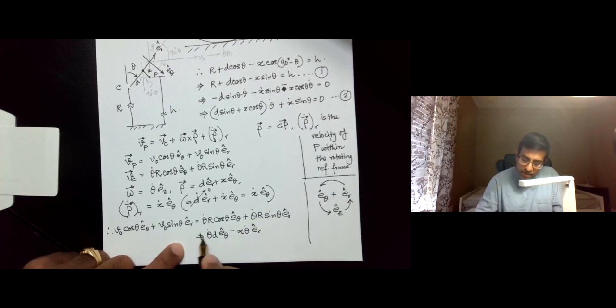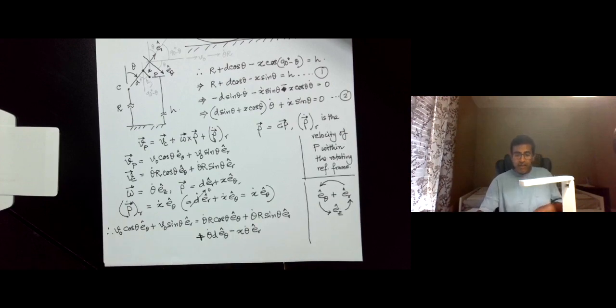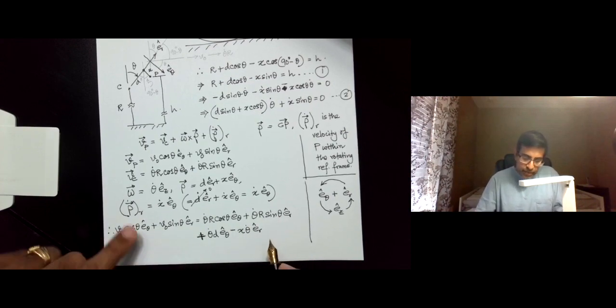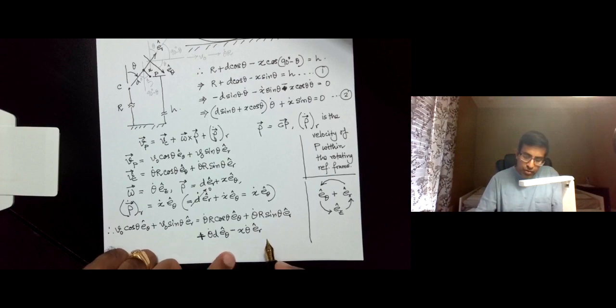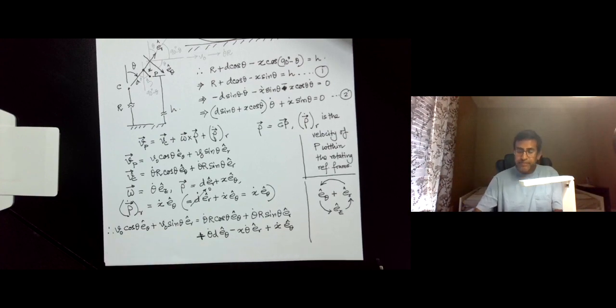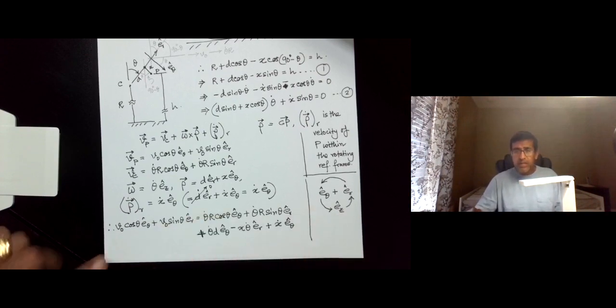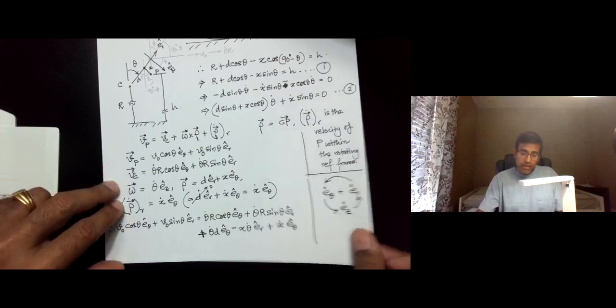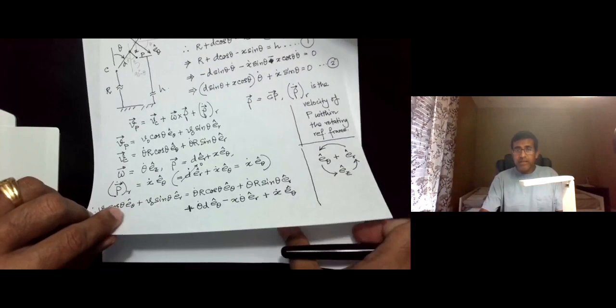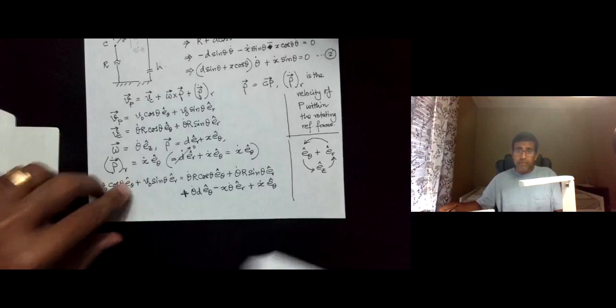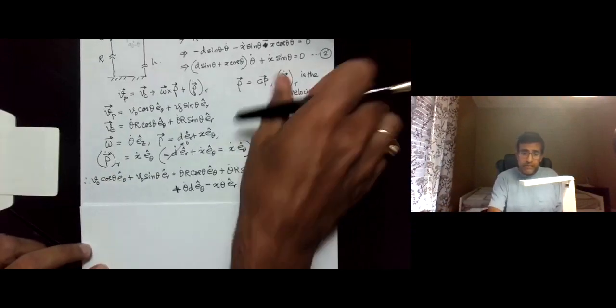Actually I should put a plus sign here because this is just the continuation of the right hand side. Then we have to include the rho dot R, which is plus x dot E theta. So that's our overall kinematic equation relating the various velocities, relative velocities, and so on. So we'll go to the next page.